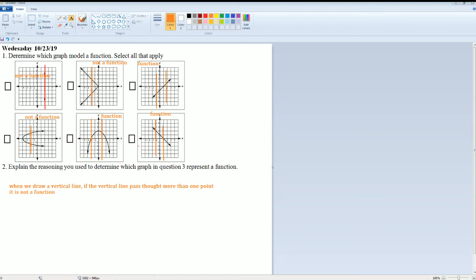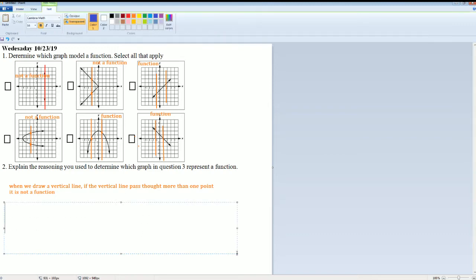Because there are multiple ways of doing this. Remember, when we talk about a function, if you looked at the other homeworks, we said that a function is when for every input, which is our x value, there is exactly one output of y.